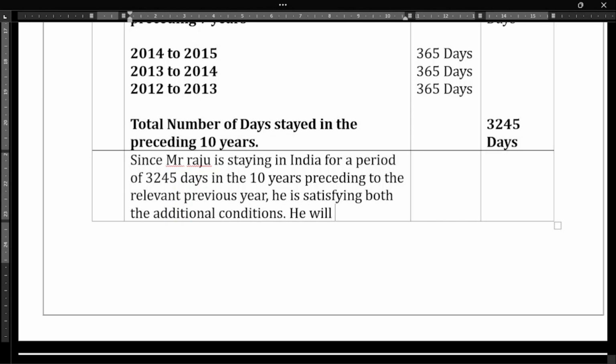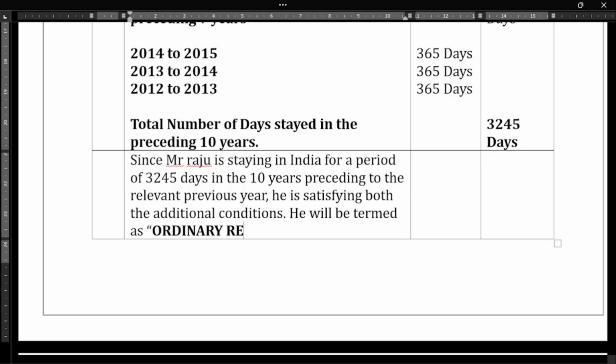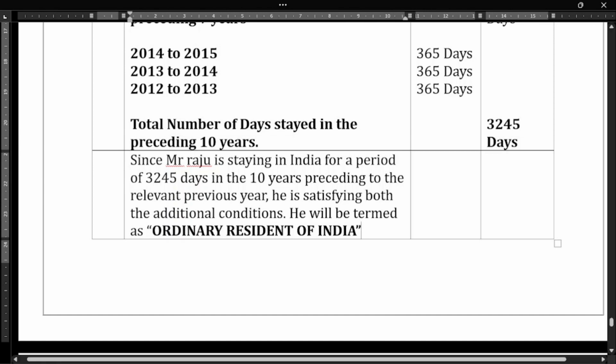Therefore, he will be termed as ordinary resident of India. Since he satisfies both conditions, we are considering him as an ordinary resident of India.